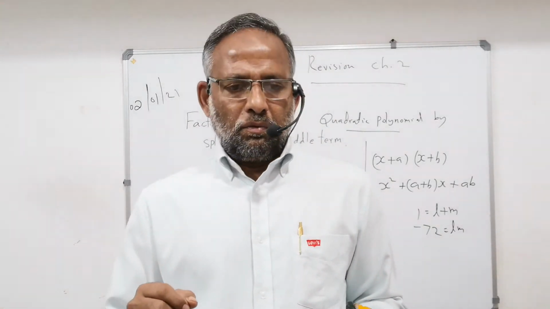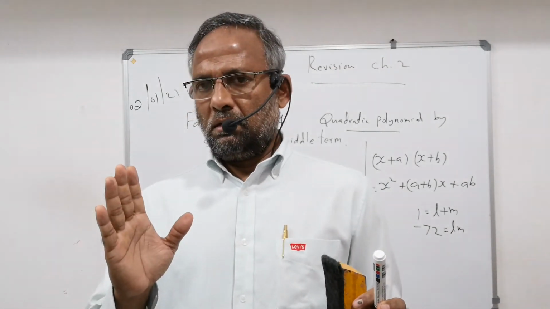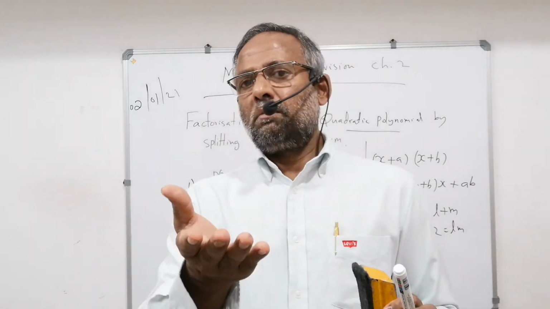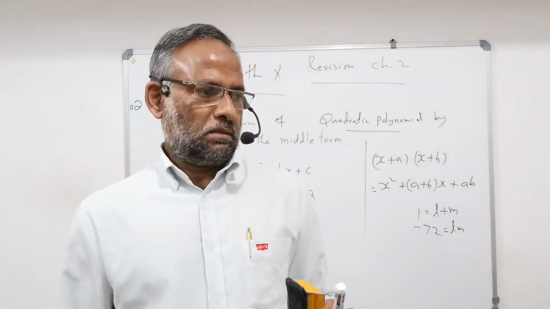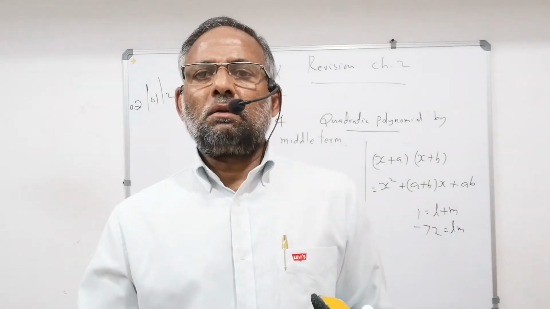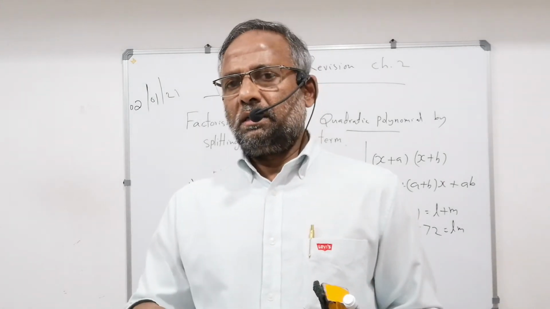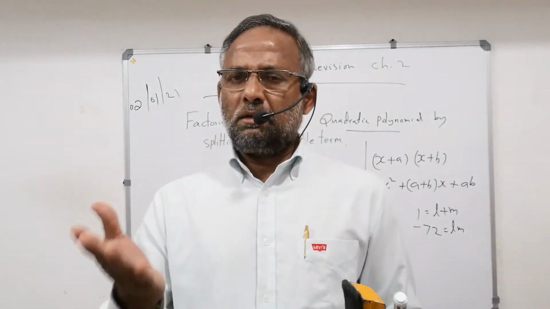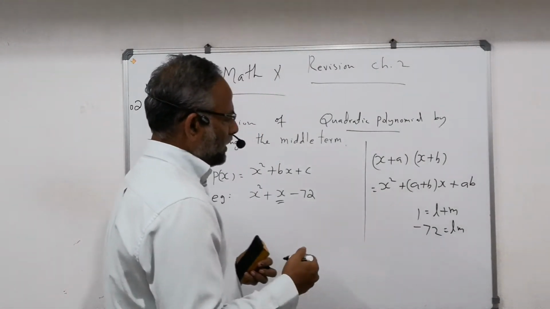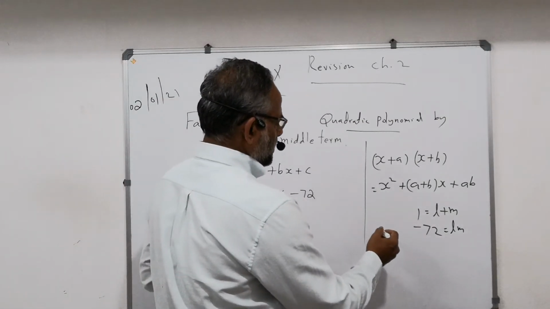Multiplication of different sign is negative. You know that. Division means reciprocal multiplication, I told you many times. There are only two operations, one is addition, one is multiplication. Subtraction is change the sign and add, and division is reciprocal multiplication. Many times I am reminding again. So here we have to find out two numbers. After finding, your work is over.